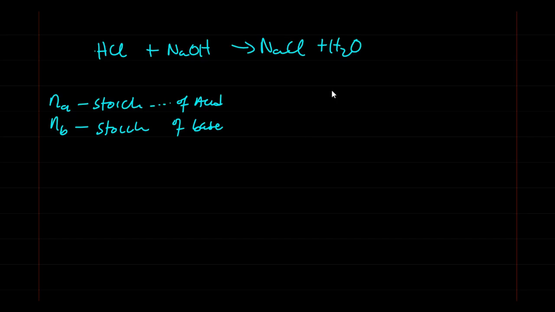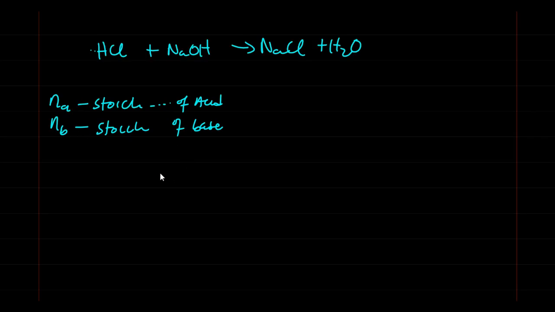Because of what I was doing in the previous question, in science we don't just use formulas or equations that we don't know where they come from. So now the stoichiometry is 1:1, and I say the stoichiometric coefficient of the HCl is Na and the coefficient of sodium hydroxide is Nb.